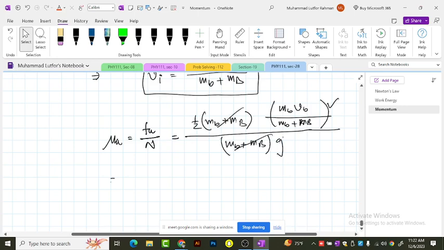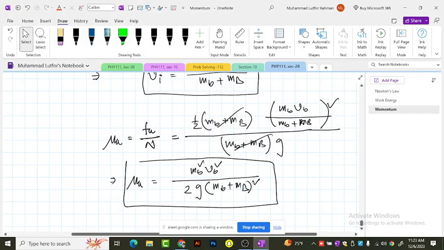I'll be able to find this mu k, which is going to be simply, I'll write mb squared divided by 2 times g times mb plus mv, squared. So that should be the coefficient of kinetic friction between the block and the inclined plane.